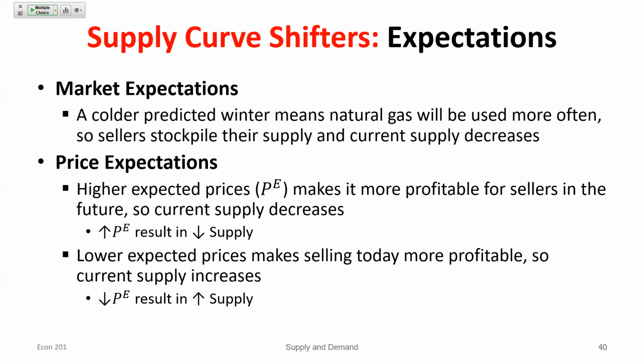I'm going to try to sell all of it today, right? And so we're going to expect to see current supply actually increase if we expect prices to be lower tomorrow. So, right, remember that a supply increase would look something like this, right? A shift to the right.